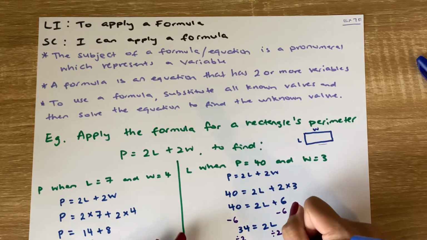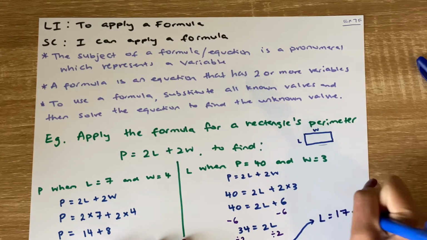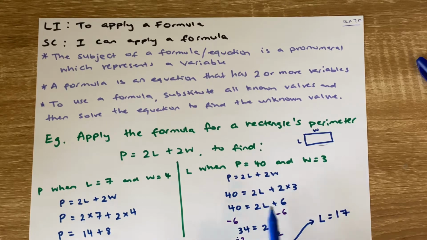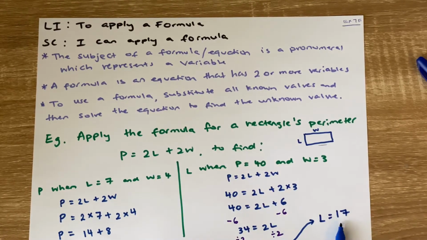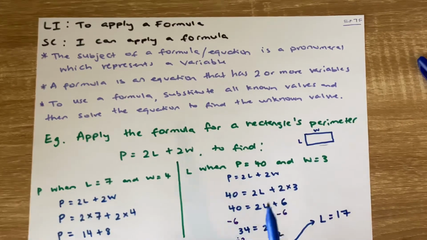I can write that as L equals 17. It doesn't matter which order they're in, they both mean the same thing. So I have now found that L is 17 when P is 40 and W is 3.